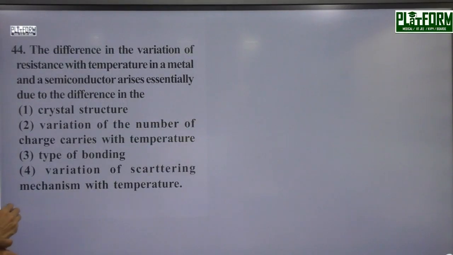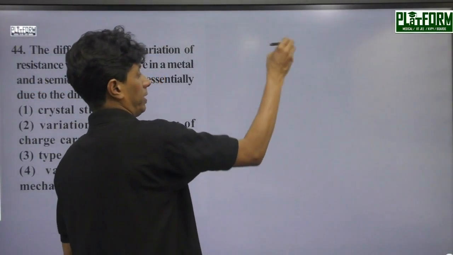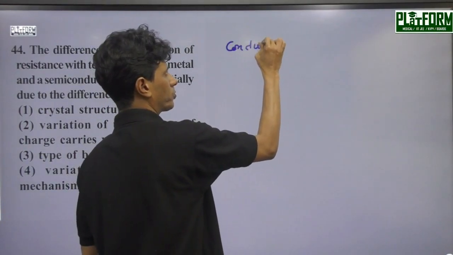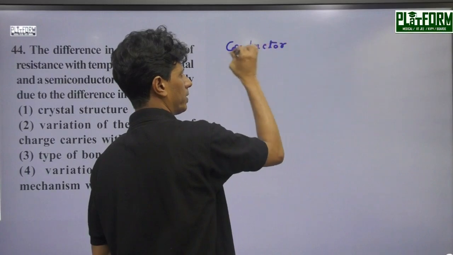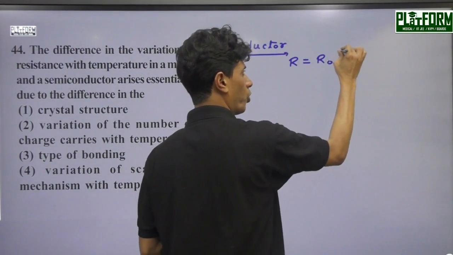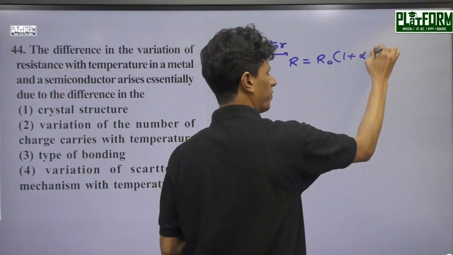Next problem: the difference in the variation of resistance with temperature in a metal or semiconductor is essentially due to a difference in the... In a conductor, resistance equals R naught (1 plus alpha T).